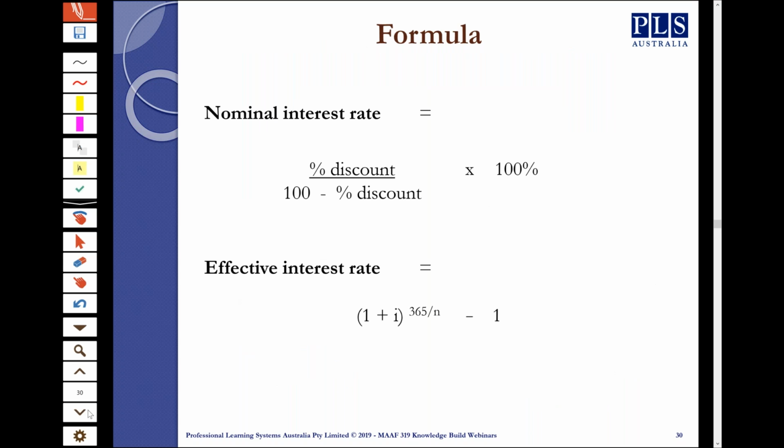So you'll find that they take you through a nominal interest rate formula initially: take your percentage discount, divide it by 100 minus the percentage discount, times 100%.